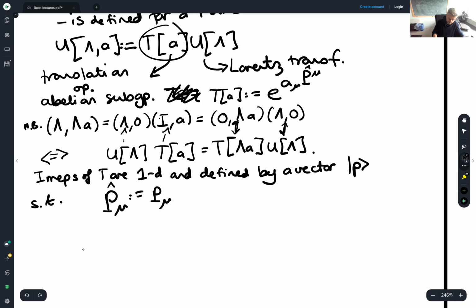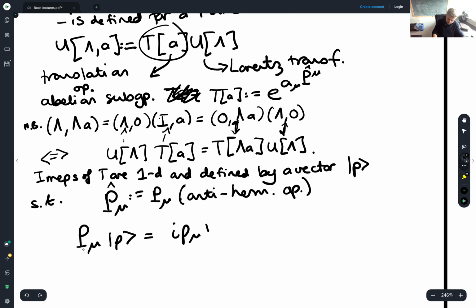So it's a capital P with a stick, and this is an anti-Hermitian operator. So we define that P mu acting on our state gives us back i p mu acting on the state. So this little p mu is the eigenvalue, and this big P is the quantum operator.